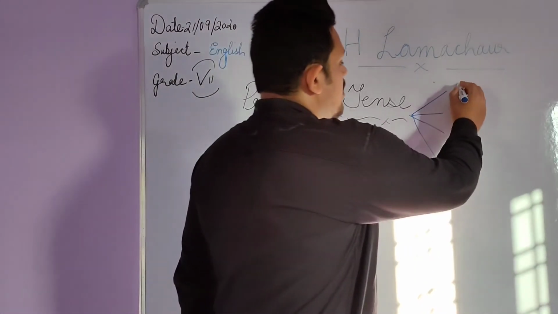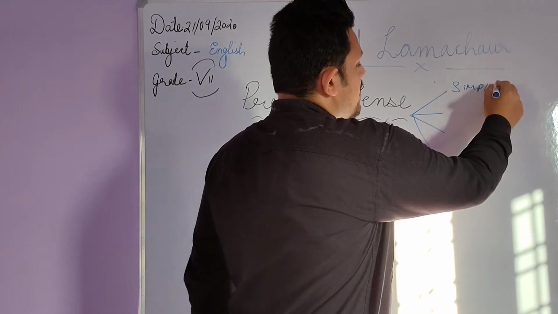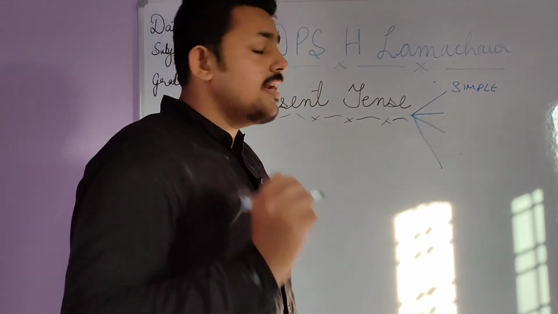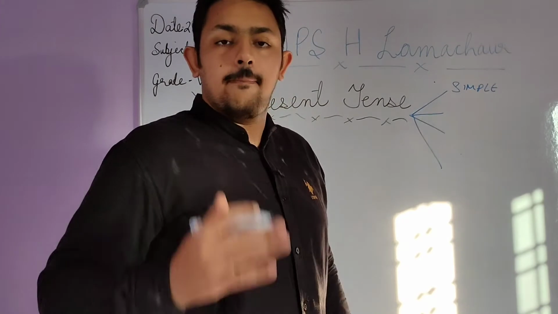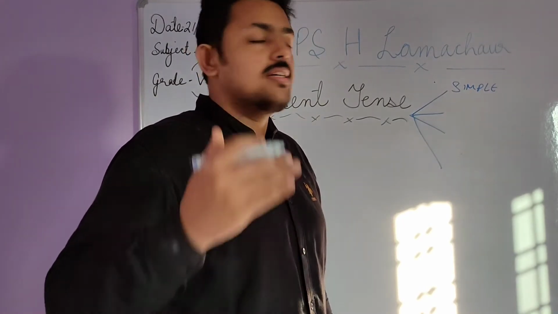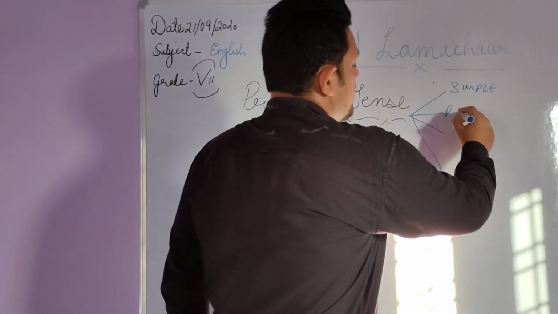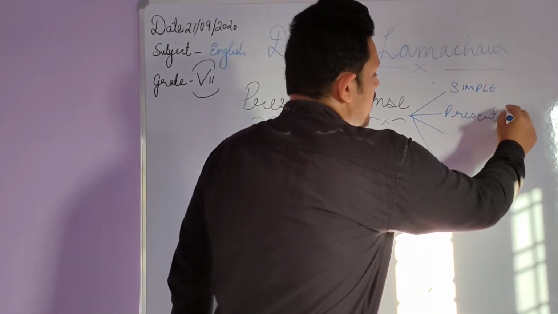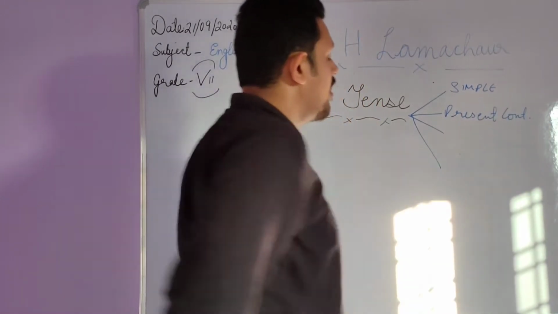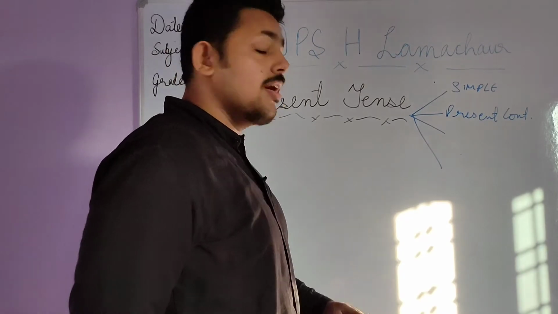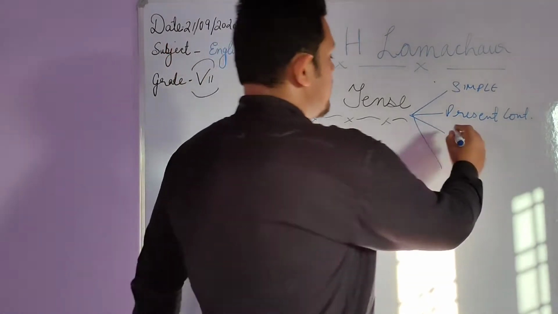So the first form is simple present tense. Second, present continuous tense. Third, present perfect tense.